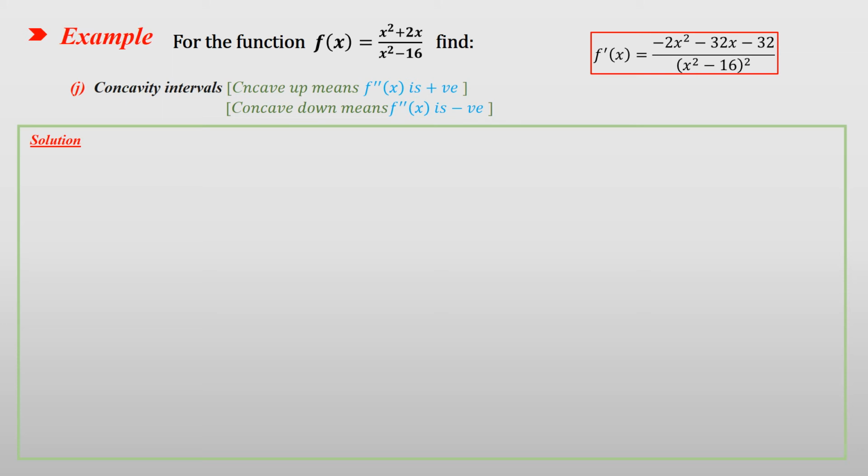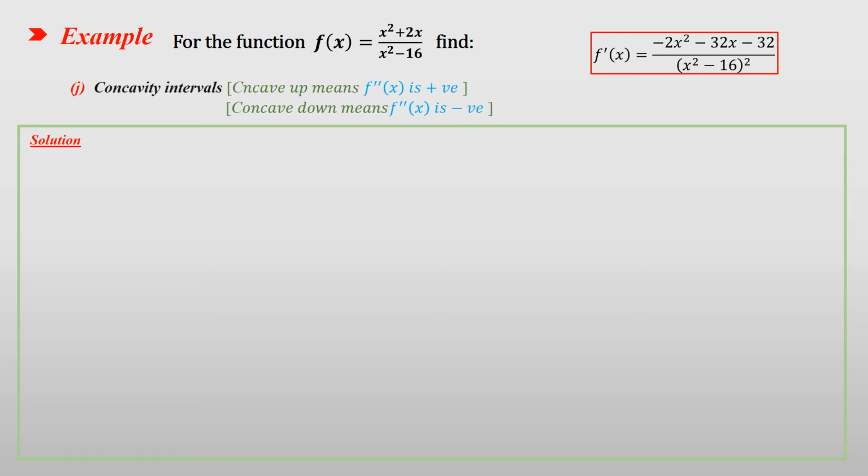In part J, you have to find the concavity intervals, and to find concavity intervals you have to find f double prime for the function f. From the previous parts we have f prime equals negative 2x squared minus 32x minus 32 divided by x squared minus 16 squared.